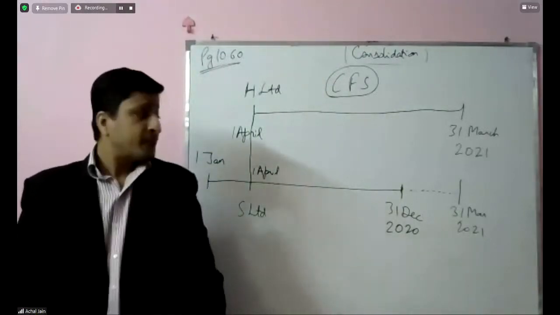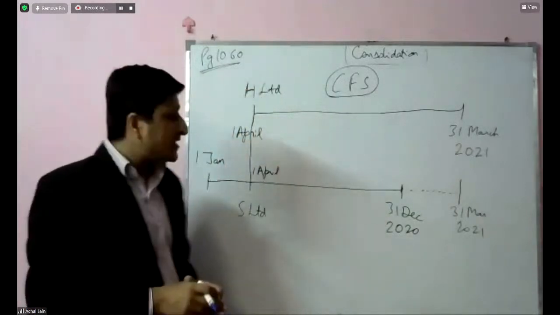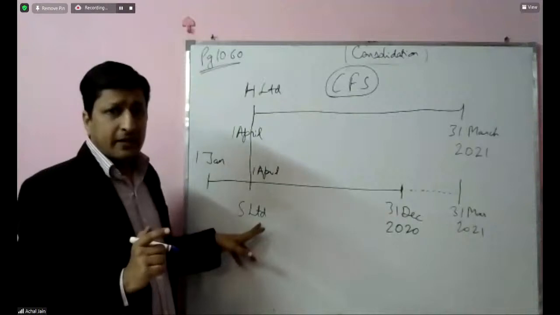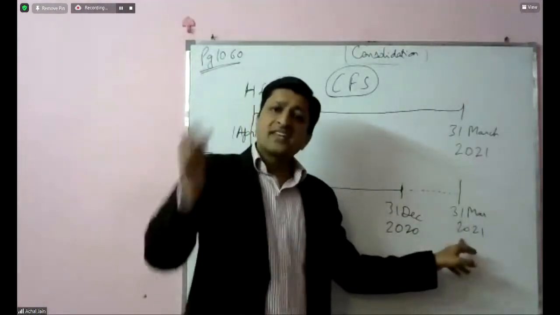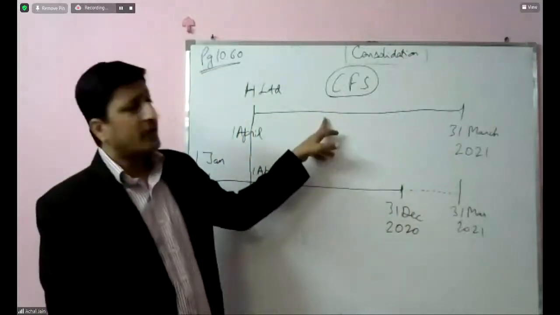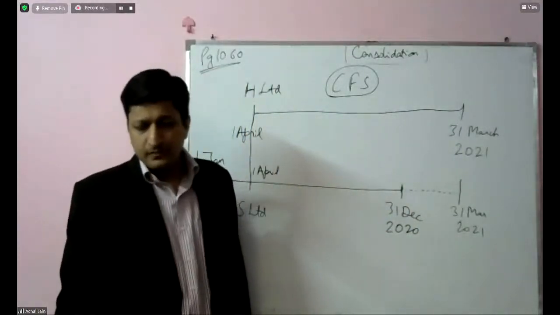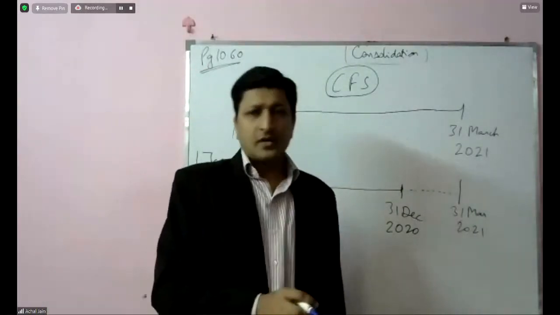Yeah. So the first option is to prepare for the purposes of consolidation. Means S will prepare one more set of financial statements from 1st April to 31st of March and submit that for consolidation over here. So this is the first option. Or you can say this is the preference. This is the requirement of the standard.